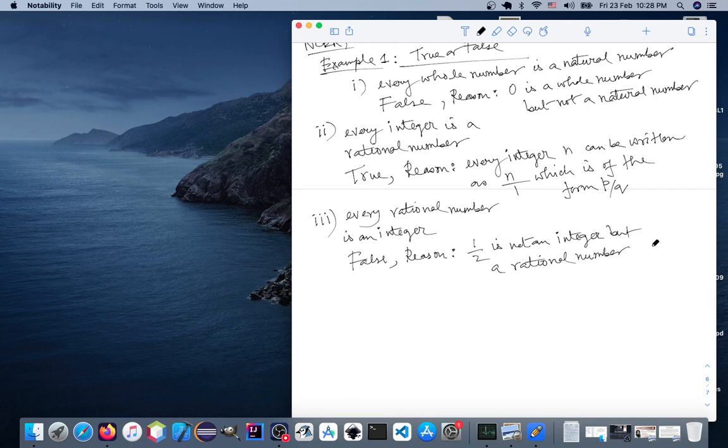We can give any other such example, minus 4 by 3, 3 by 4, whatever. So definitely not every rational number is an integer. This is false.